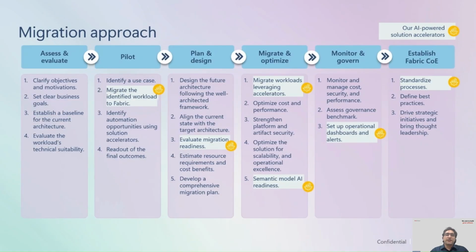We broke our approach into 6 phases. We start by understanding the why. We looked at both the short term and long term motivations. We started with identifying and helping the customer define clear objectives and motives for the migration. Involving business teams early was crucial.